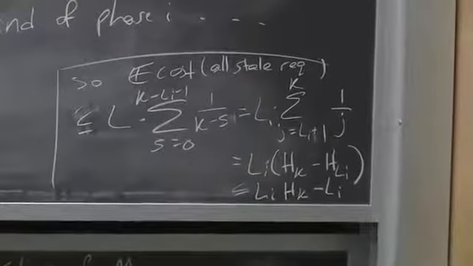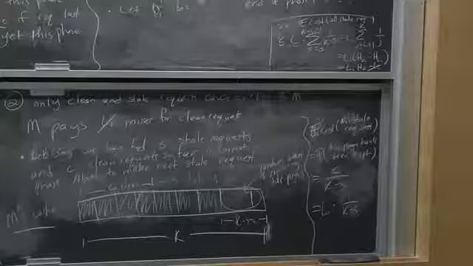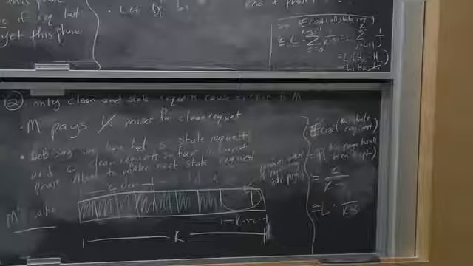So that cancels that. And the total cost in a phase is exactly li times H_k. Okay? Questions?